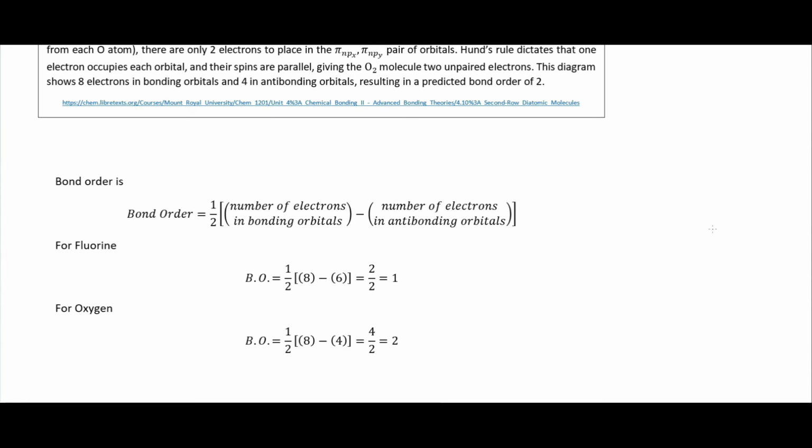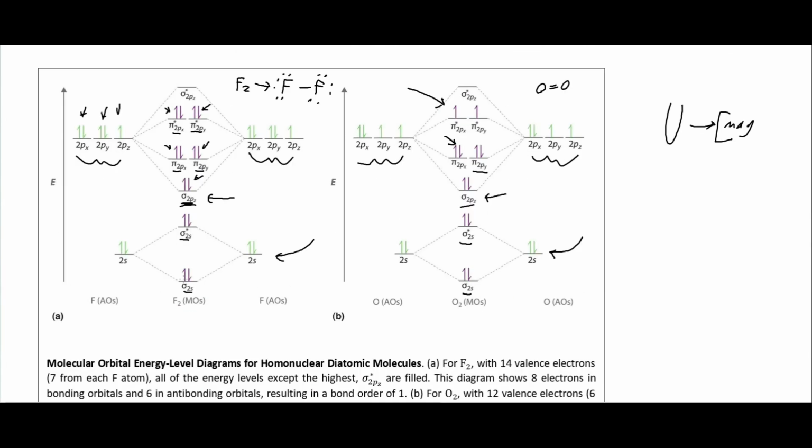We take half times the number of electrons in bonding orbitals minus the number of electrons in antibonding orbitals. So for fluorine, in bonding orbitals we have 2, 4, 6, and 8 here.